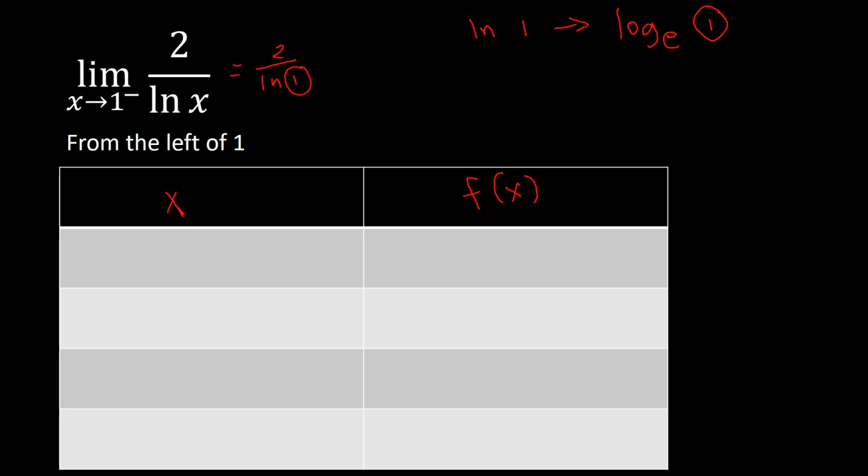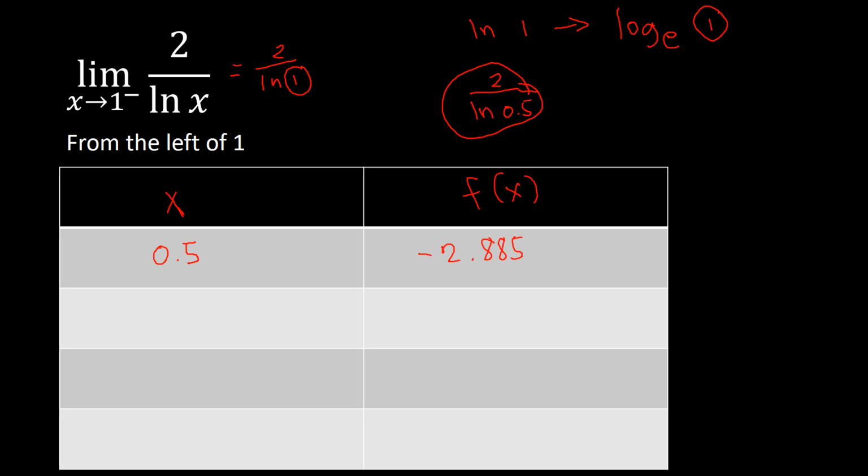That is why we do not start with 0, although 0 is from the left of 1. We start with the next one, which is halfway between 0 and 1, so 0.5. Solving for that one, we have 2 over ln of 0.5.